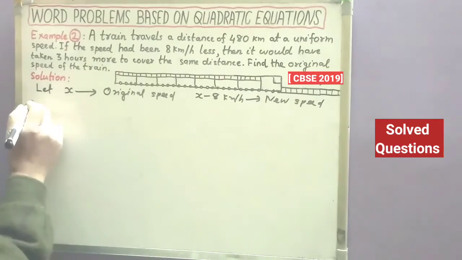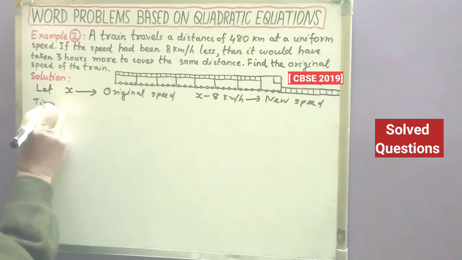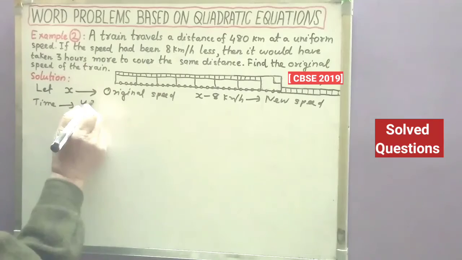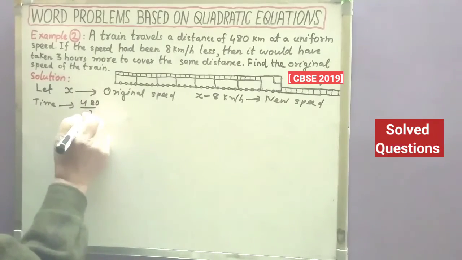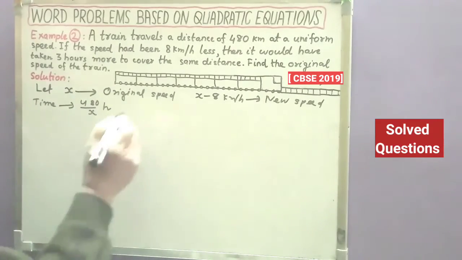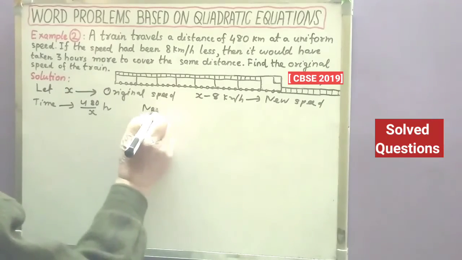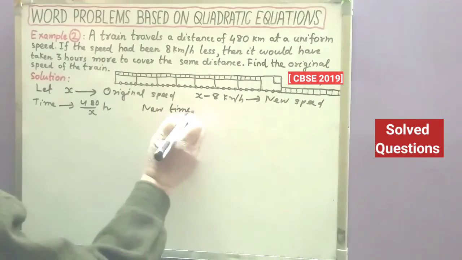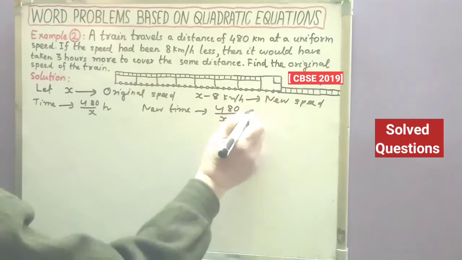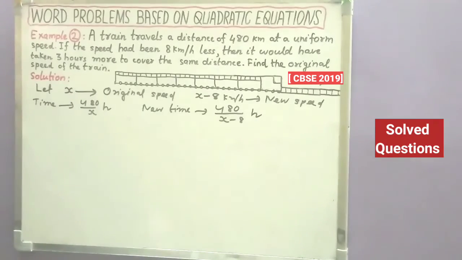Now, the time taken by the train to cover 480 km with the usual speed of x km per hour equals 480 upon x, because we know that time equals distance upon speed. Then the time taken to cover 480 km with the new speed x minus 8 km per hour equals 480 upon x minus 8 hour.